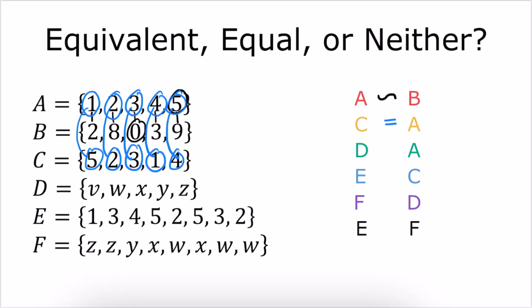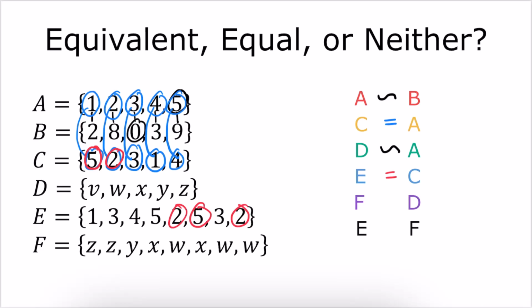On D and A, these two sets are equivalent but not equal because you could create a one-to-one correspondence between the elements of A and the elements of D. And then for set E, E is actually going to be equal to set C because if we look at it, set C has a 5 and so does E. Set C has a 2 and so does E. It's listed twice, but it's still the same element.